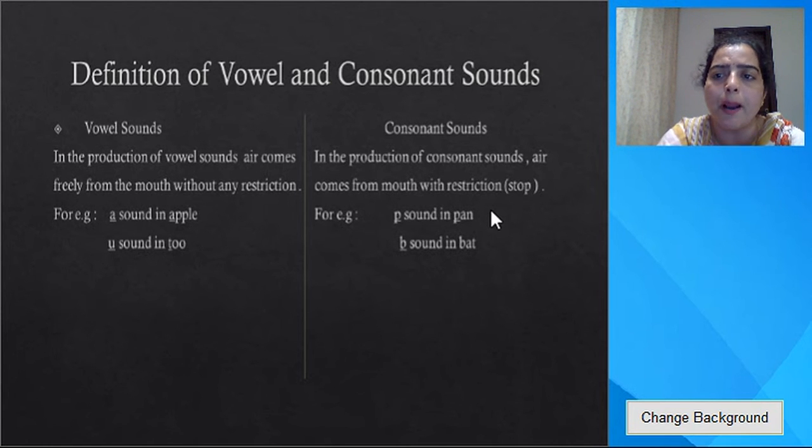For example, ba. Here, in the same way, your lips are closed, air is stopped, then air bursts into the ba sound. For example, ka, ko, go. There is a restriction in the back part of your tongue.